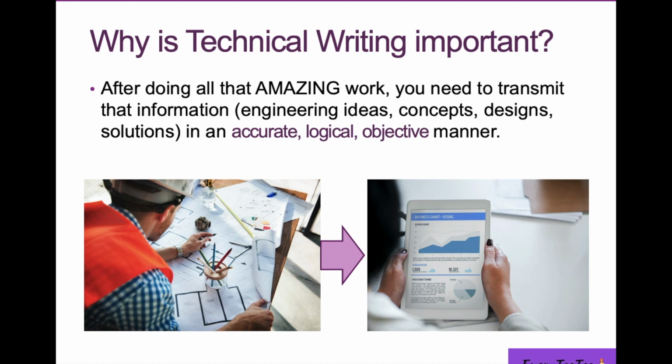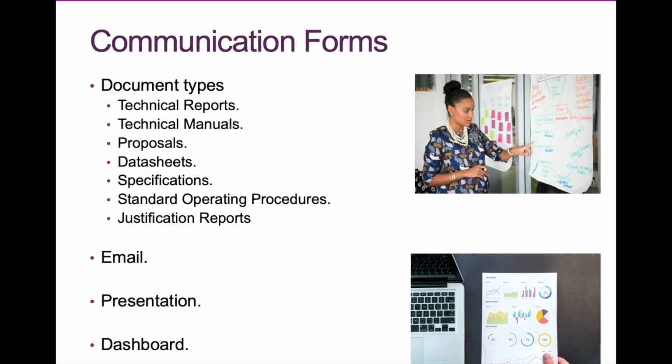And so the most important thing after doing all that amazing work is that you need to transform that information and transmit it to other stakeholders in a way that is accurate, logical, and objective. Whether it's your ideas, your concepts, your designs, or even a solution, you need to know how to do that in a great way, and that is why technical writing is important.